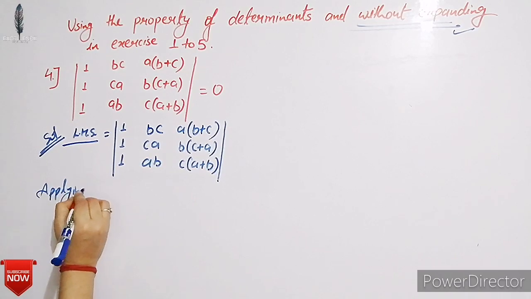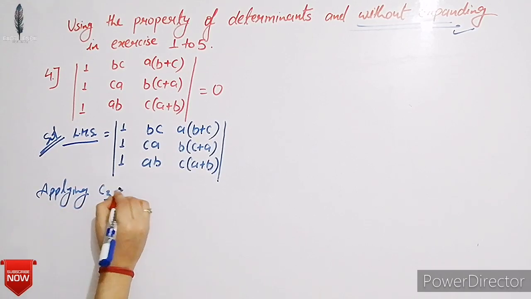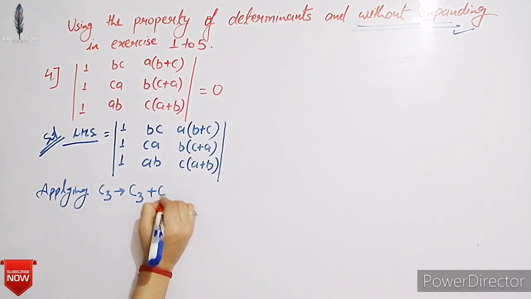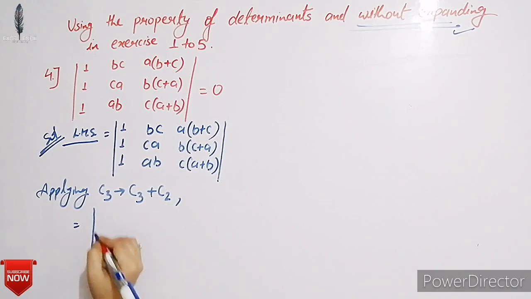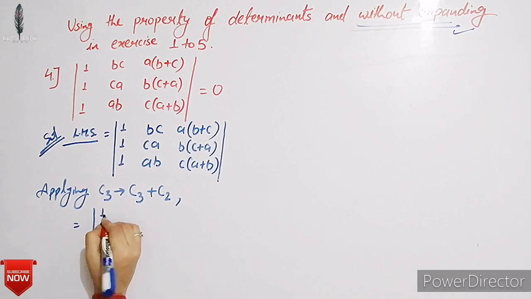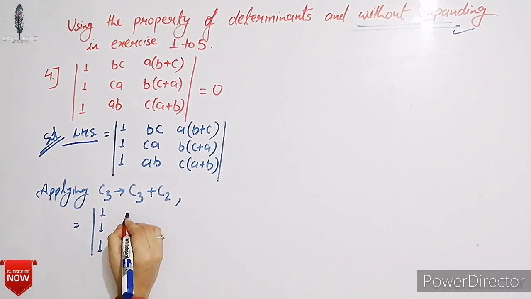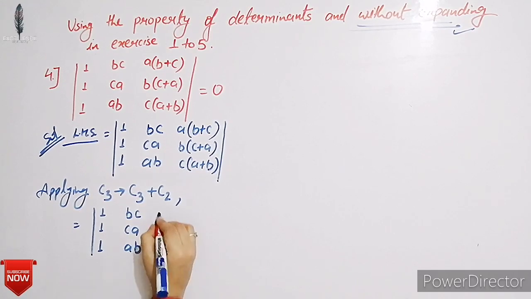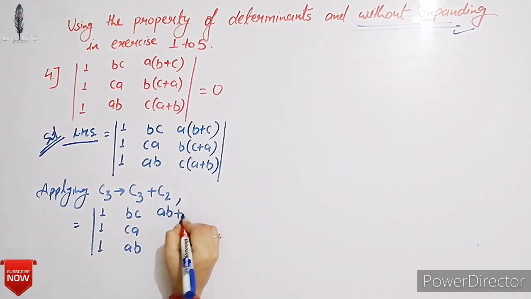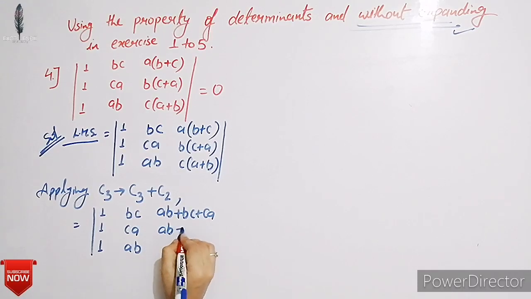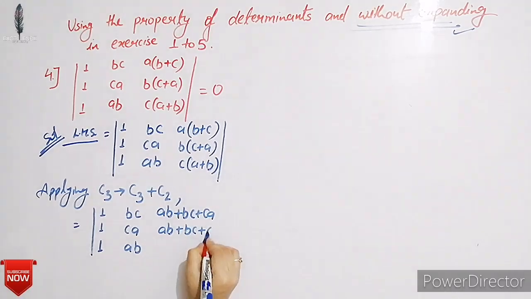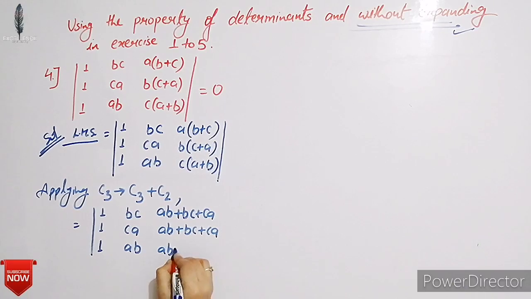So applying the change, C3 becomes C3 plus C2. Then the first column is the same, that is 1, 1, 1. C2 is bc, ca, ab. Now changing C3, C3 plus C2, we have ab plus bc plus ca, here also ab plus bc plus ca, and here ab plus bc plus ca.